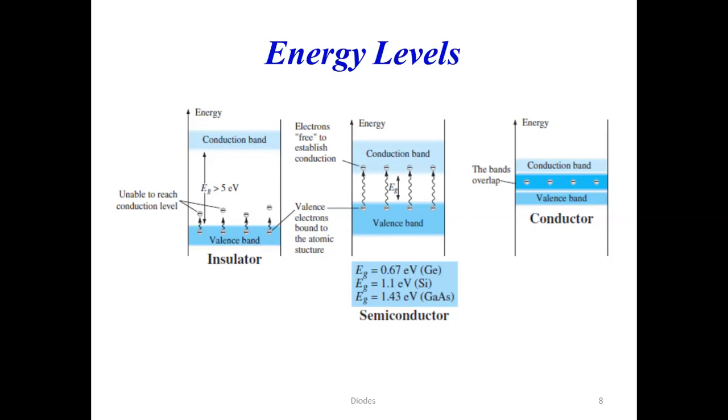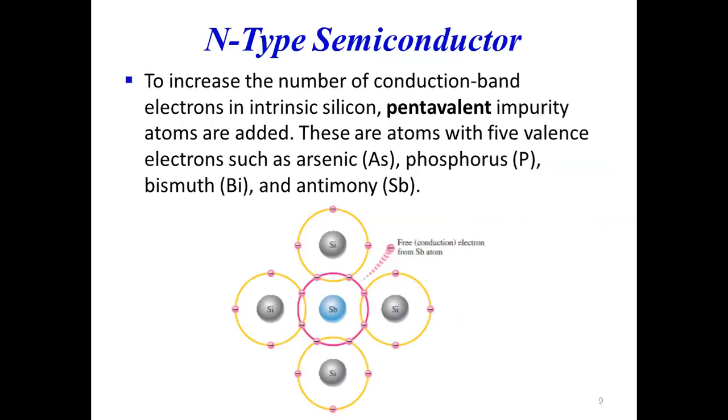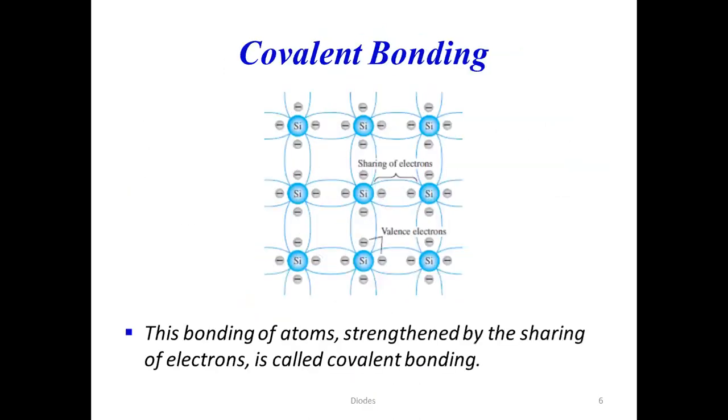Now, keeping this in mind, let us see what is the meaning of intrinsic semiconductor and extrinsic semiconductor. Students, whenever I'm talking about the purest form of semiconductor, if you see this structure, all silicon atoms are present.